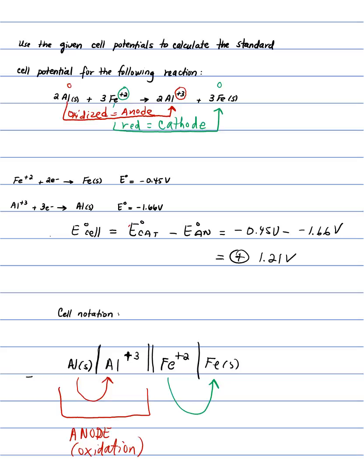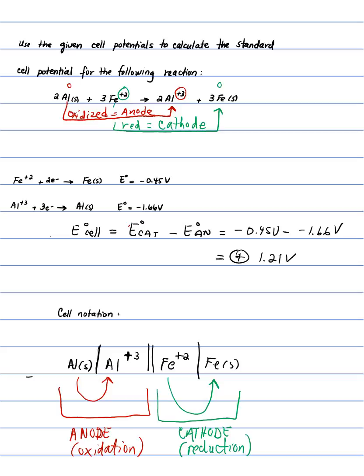And then you have what's happening in the reduction part. For your reduction, your ion of iron is reduced to give you iron solid. And that's what you have in the cathode, where the reduction is happening.